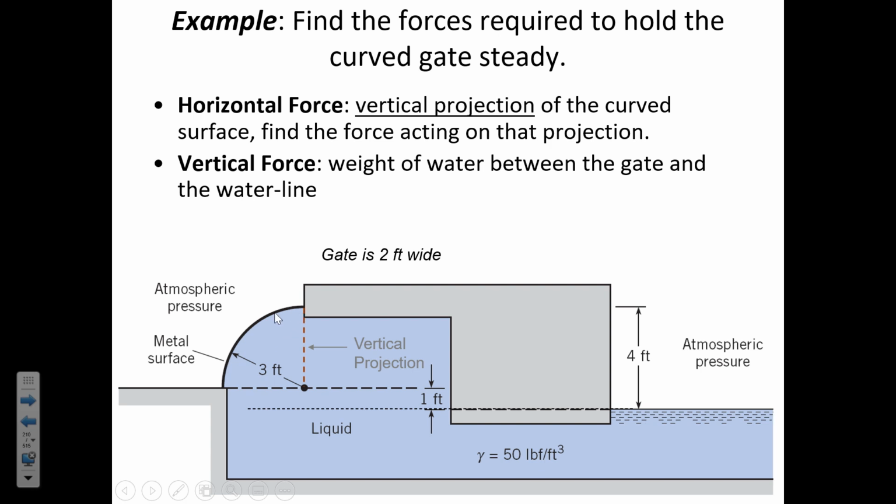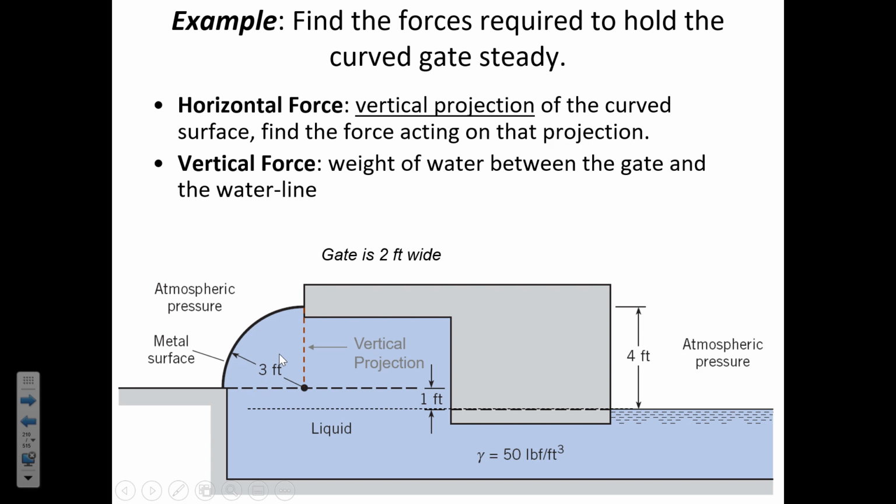So what happens is the water is actually sucking this gate down and to the right. You know, rather than pushing up and to the left on the gate, like that would be the case if it was beneath the water line. But this gate is above the water line. So the water pressure is pulling down and to the right.